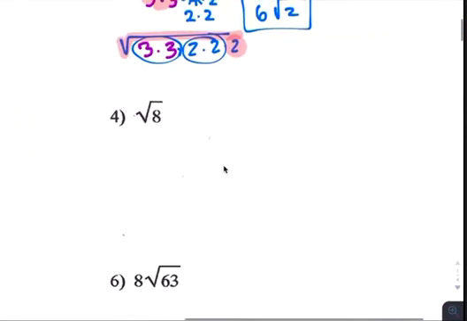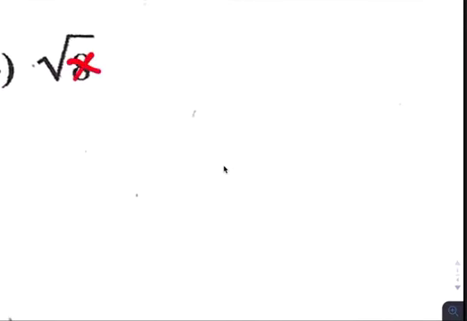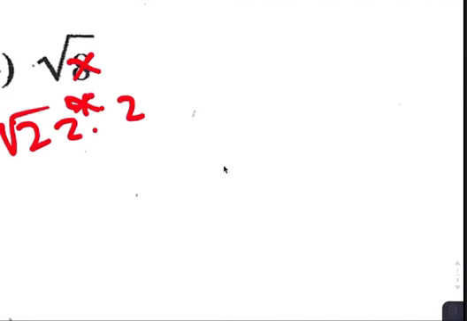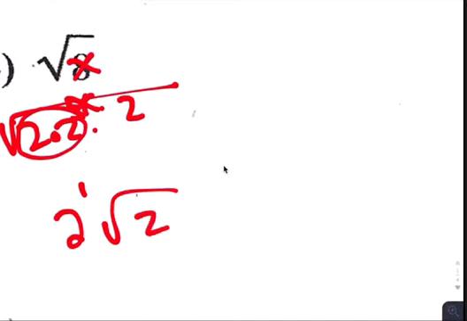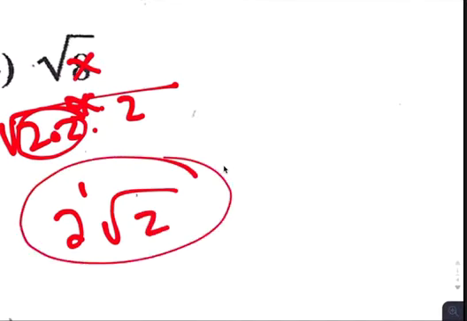Square root of 8, same thing. 4 times 2, 2 times 2. Okay, so you got 1 pair of 2, 2 to the first, square root of 2, and the 1 can be invisible.